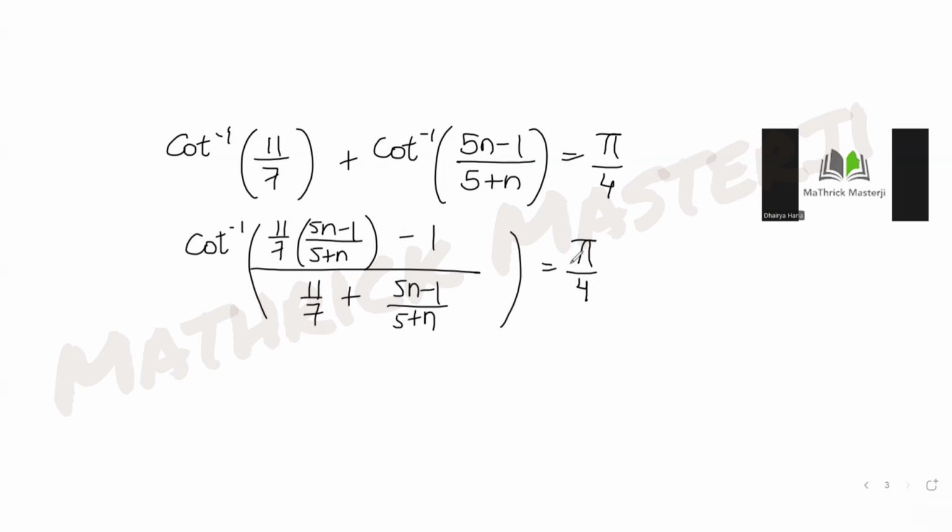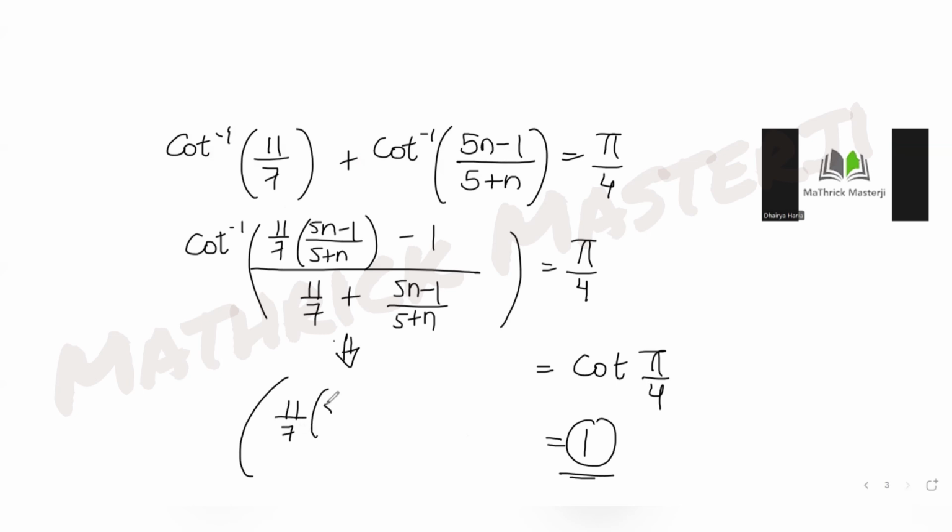Taking the cot inverse to the other side, it becomes cot of pi by 4, and cot of pi over 4 is basically 1. So this entire expression in the bracket equals 1.